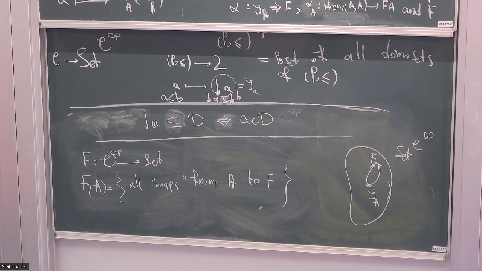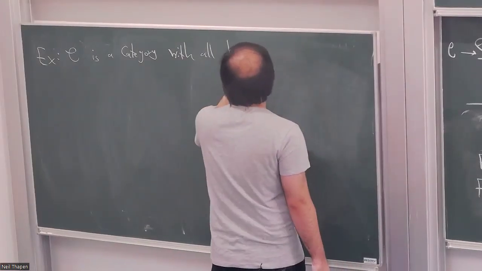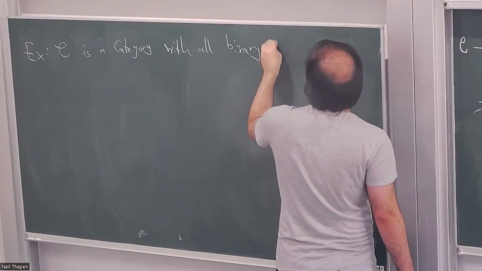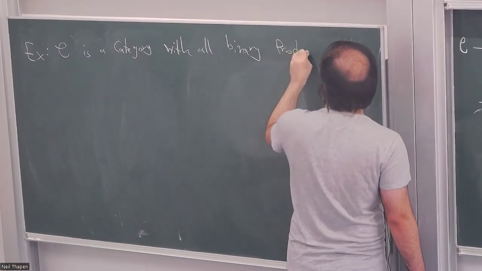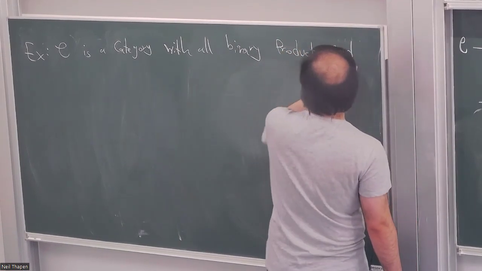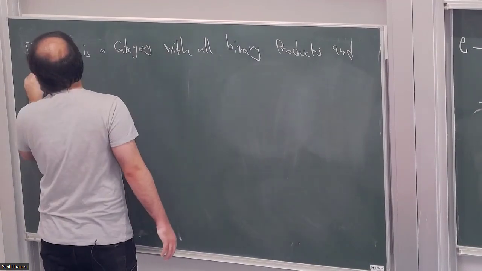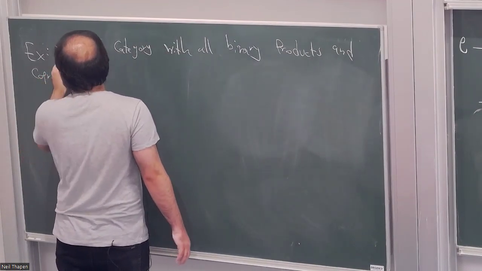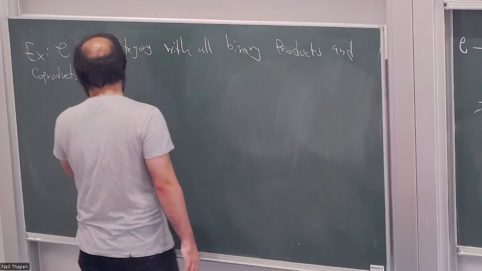Okay, example. Let's say that C is a category with binary products and coproducts and exponentiation.